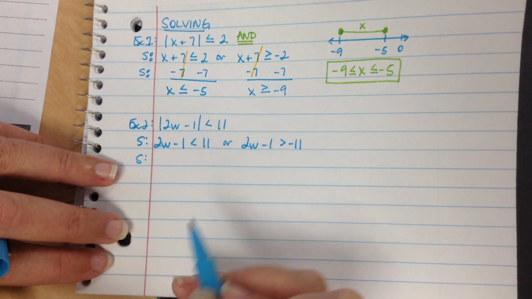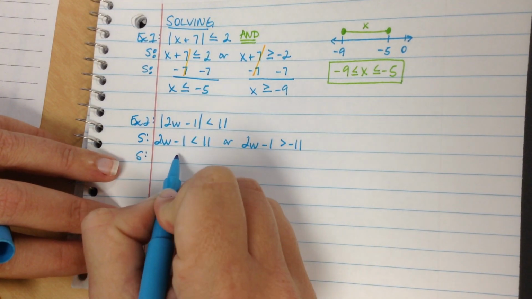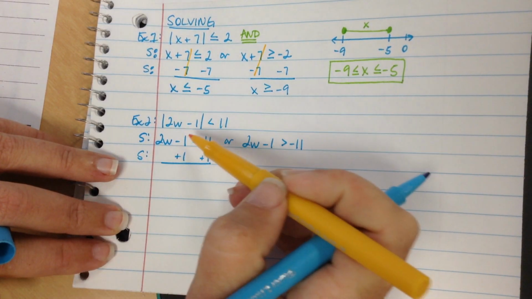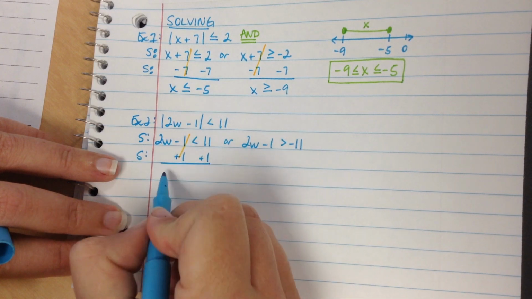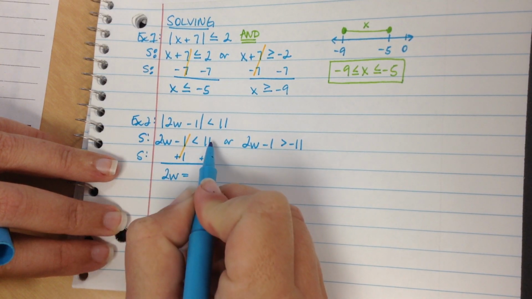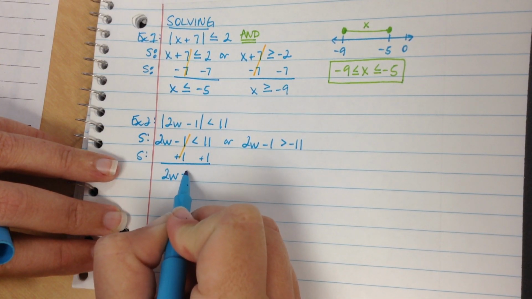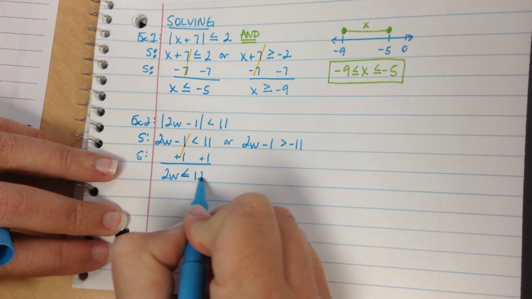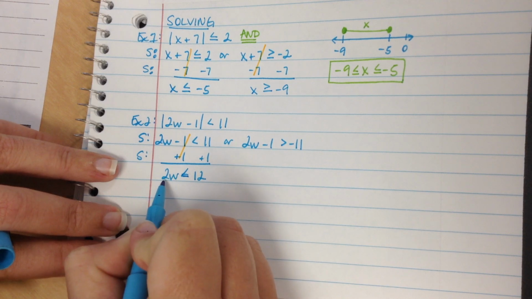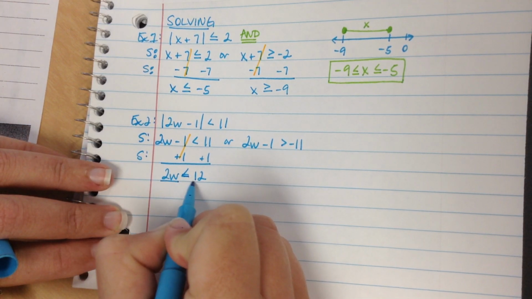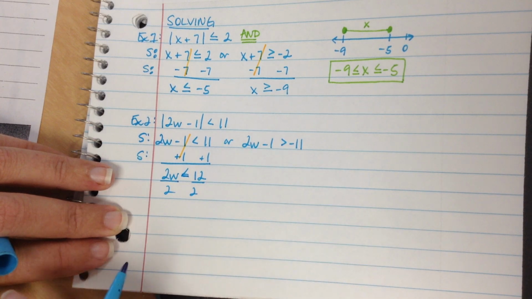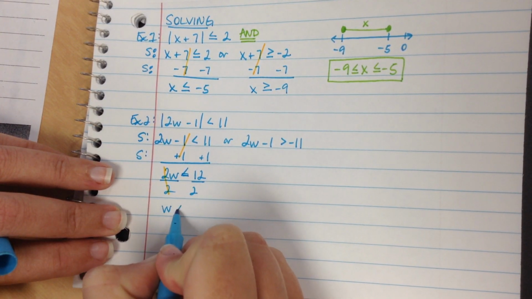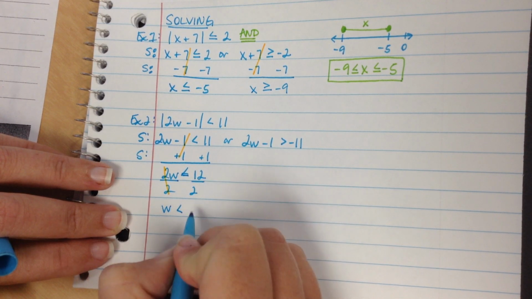Last step is to solve, in other words, getting w by itself. I'll add 1 to both sides. My 1's cancel. 2w is less than 11 plus 1 gives me 12. Divide both sides by 2. This makes my 2's cancel. W is less than 12 divided by 2 gives me 6.